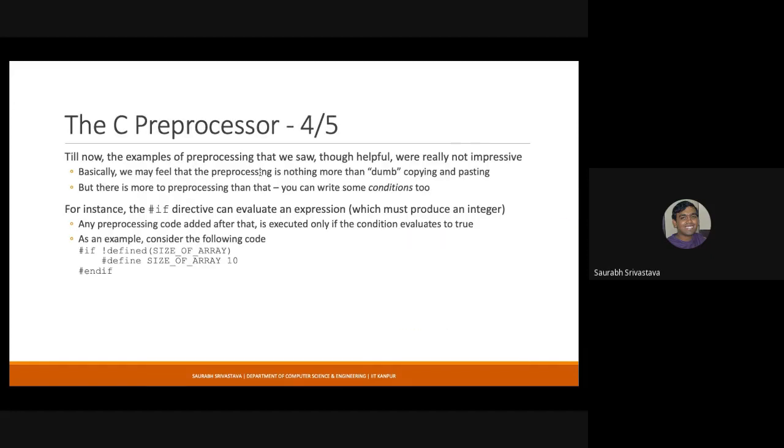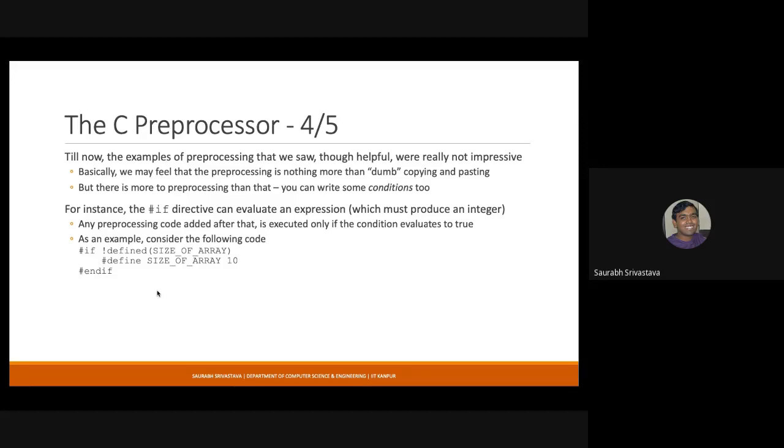One of the issues with this preprocessing is that it is too dumb. But the preprocessor also understands some conditional expressions. You can say please include this if a particular condition is true, or don't include this if the condition is true. If you want conditional logic, there are the hash if and hash elif directives.